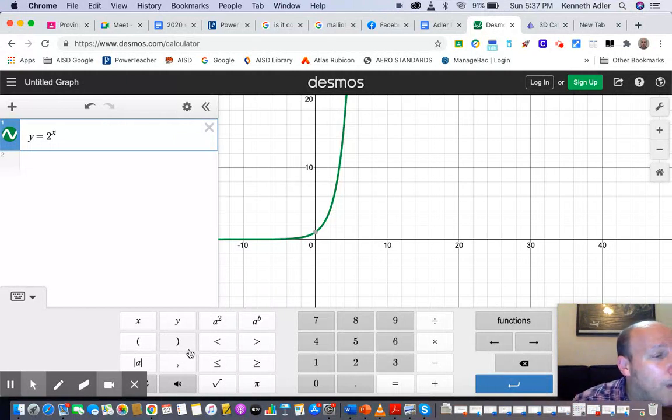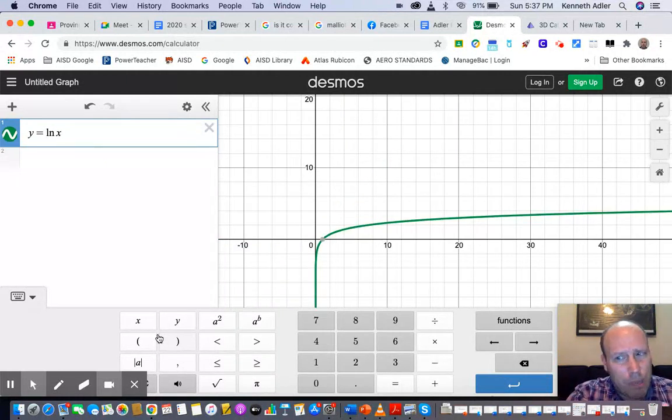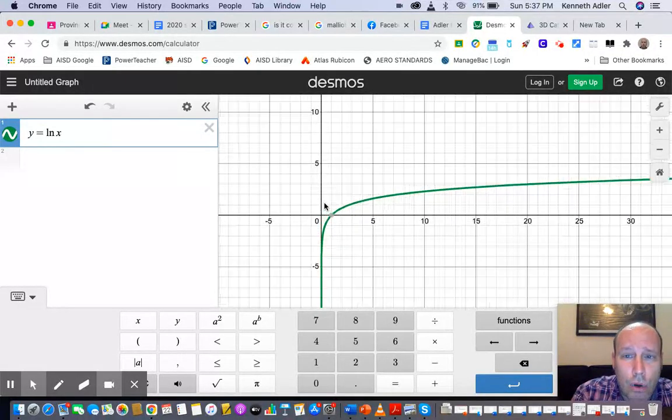What else have we studied? Logarithms. How about ln of x? Once again, the basic parent function. What we know is that x has to be greater than 0, or that expression.